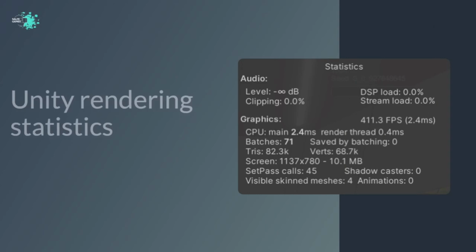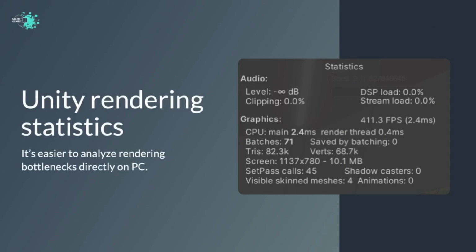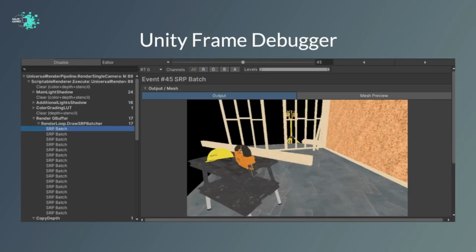Once you have identified low-performing regions of the game, you can go back to your engine on the PC to look at the rendering stats for a particular scene or location and investigate the possible causes. Here I'm sharing a screenshot from Unity's rendering statistics, which will show you at a quick glance the number of rendered vertices as well as the number of draw calls, both key values that you want to minimize.